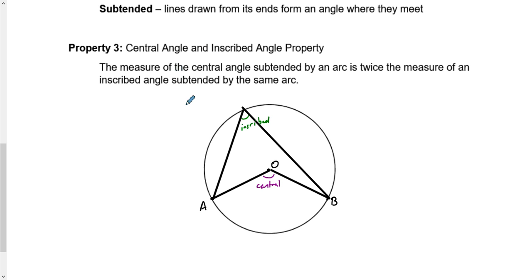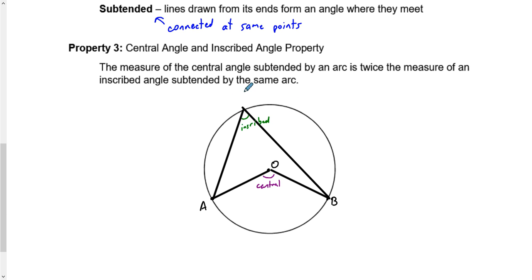The property states that the measure of the central angle subtended by an arc, so basically if you connect them at the same points, the central angle is always going to be twice the measure of an inscribed angle subtended by the same arc.